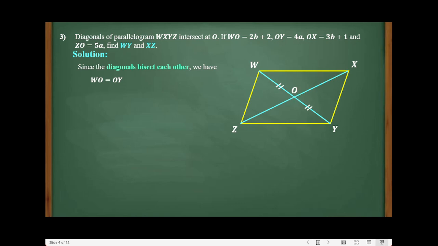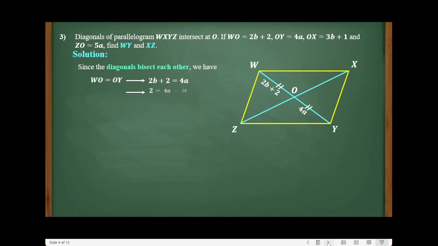Therefore, if this is your diagonal, this segment WO is congruent to OY, or simply WO equals OY. And we label the given length of those segments. So WO is 2B plus 2, and OY is 4A.